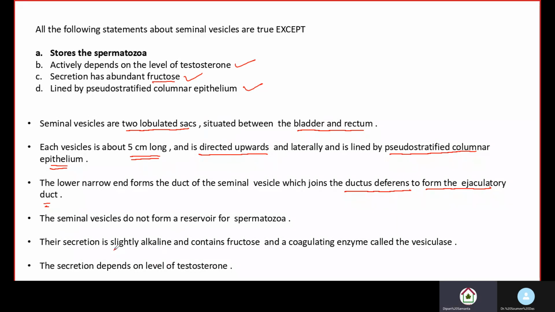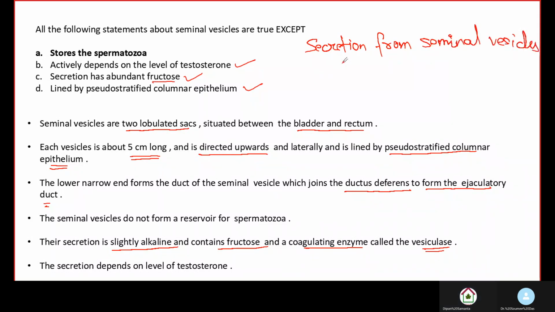The secretion is slightly alkaline and contains fructose and a coagulating enzyme called vesiculase. So the secretion from the seminal vesicle contains fructose, number one.